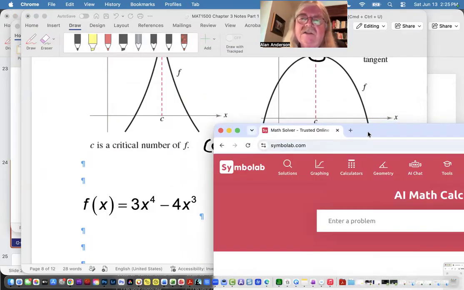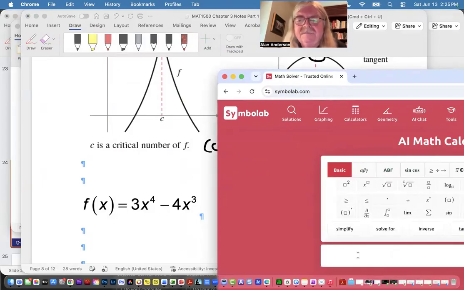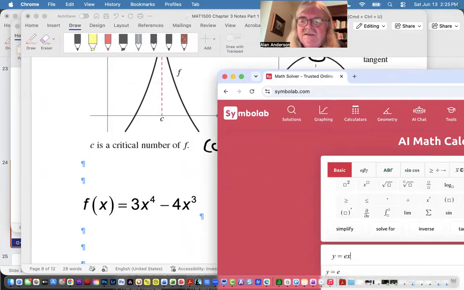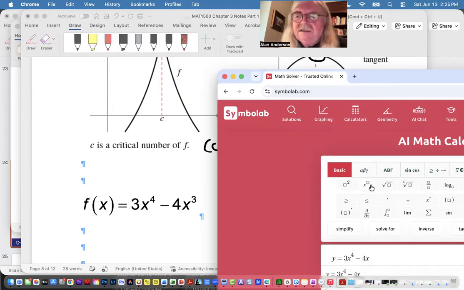And in fact, it'll actually tell us where the extreme points are. So, we're going to find it the traditional way, but we'll know the answers in advance.